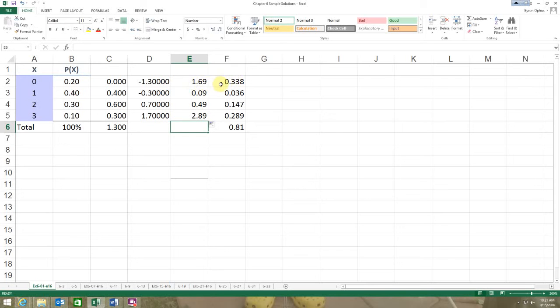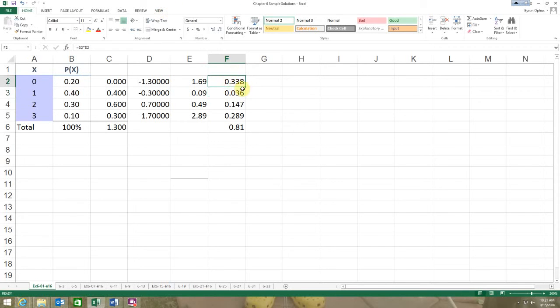Now I apply my probabilities again to wind up with a variance, and ultimately I could wind up with a standard deviation if I wanted to. But by applying the probabilities again, I'm just saying that this is equal to my number. Oh, I'm sorry, my probability, gosh, I said the wrong thing there, times my result here.